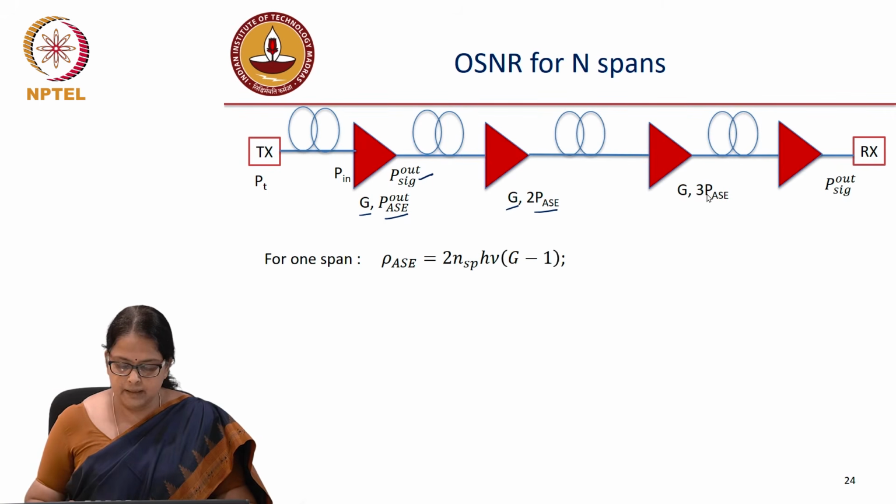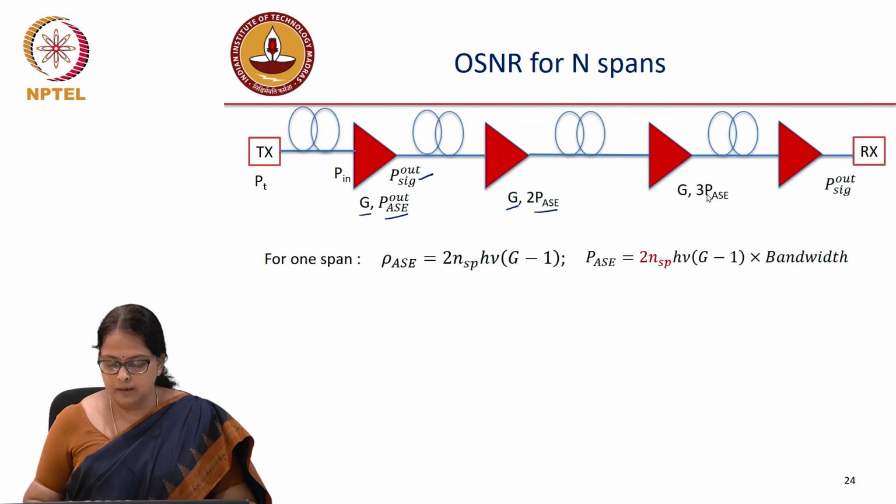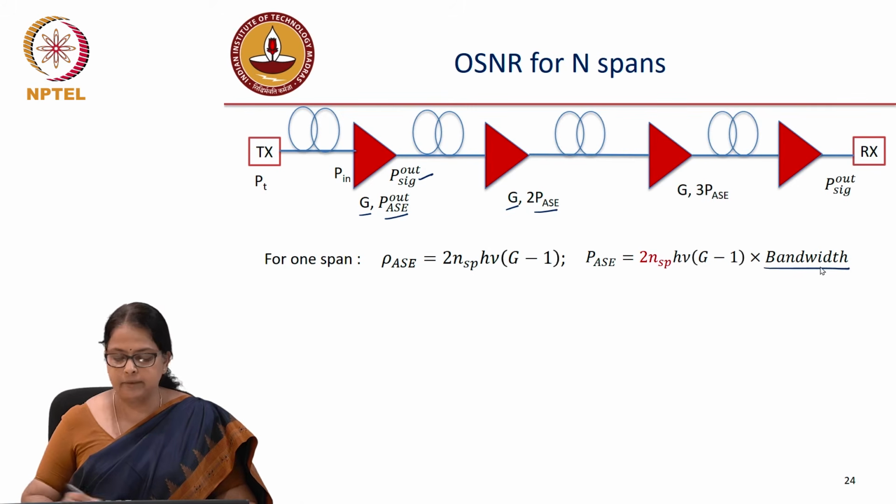So for one span, the power spectral density of ASE is this. The ASE power P ASE is equal to 2 nsp h nu times bandwidth.